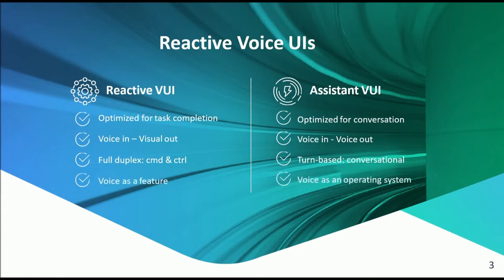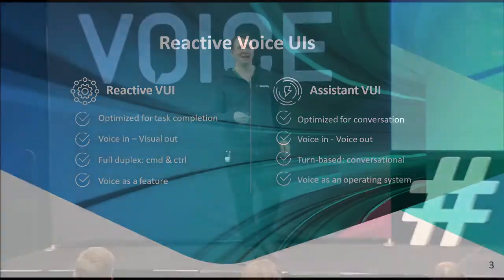And lastly, when voice assistant user interfaces look at voice as an operating system or an interface or a channel, reactive voice UIs look at voice as a feature to be used alongside, complementing and augmenting existing user interfaces and modalities, like graphical user interfaces.